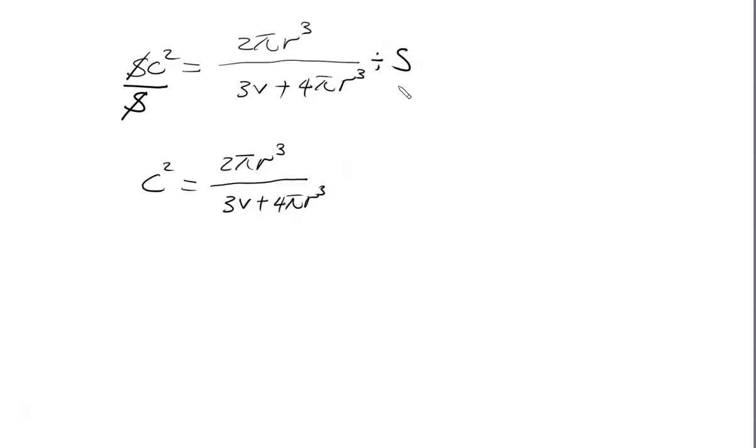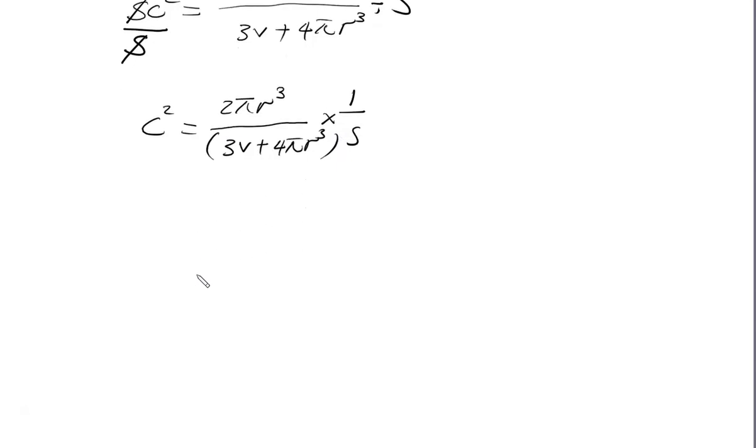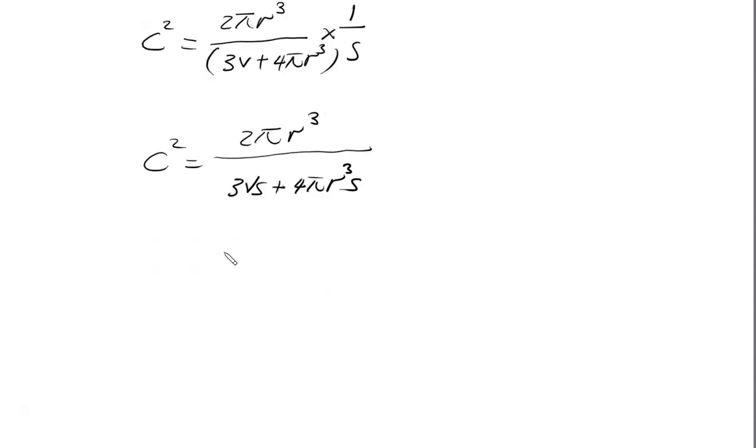Now the division is the same as multiplication by the inverse. In the next step we'll have c squared equal to 2 pi r cubed divided by, s will multiply both terms in the bracket, 3vs plus 4 pi r cubed s. Good. Now we have c squared and not c.